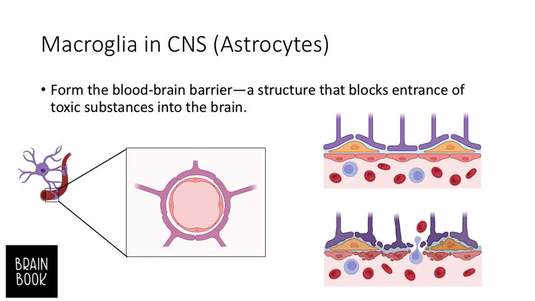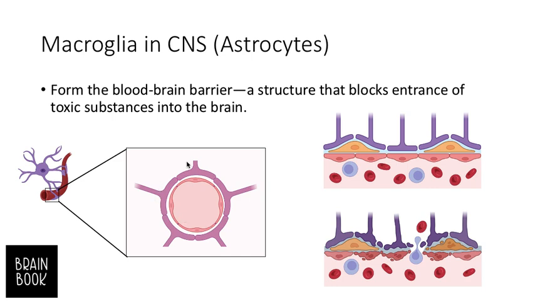And it helps to filter the entrance of chemicals or even cells that enter our CNS and brain. As you can see here, it's an astrocyte with a direct connection to the blood vessel, and it's a cross section of the blood vessel.